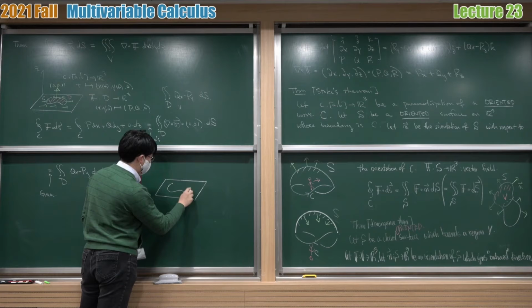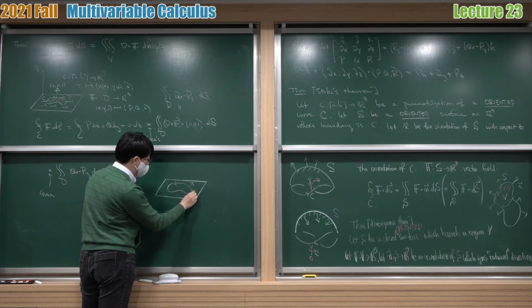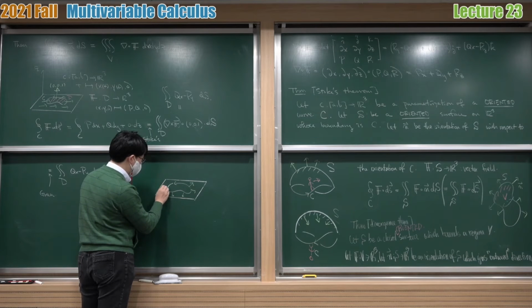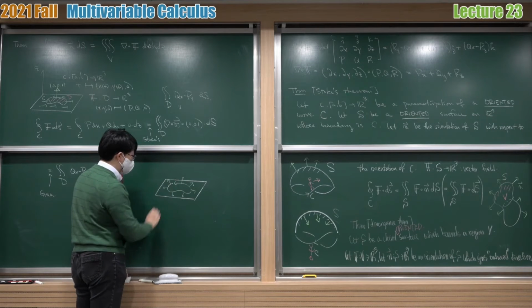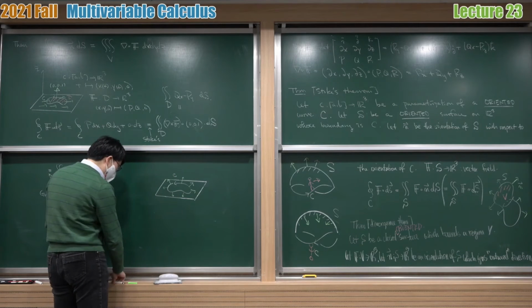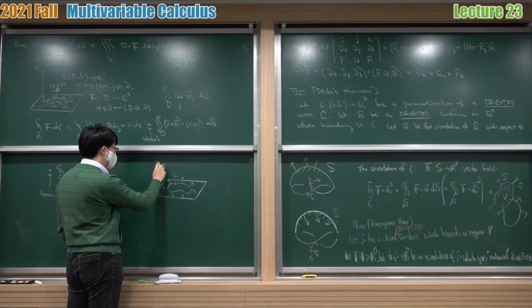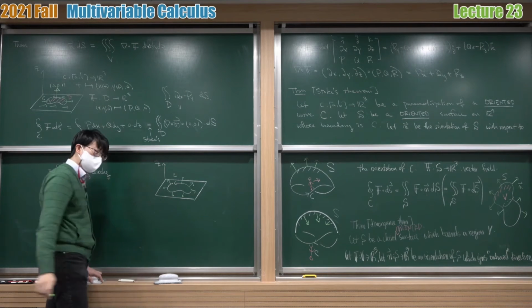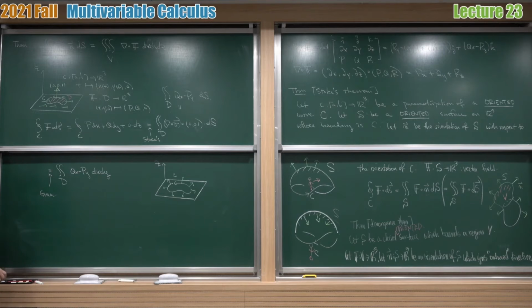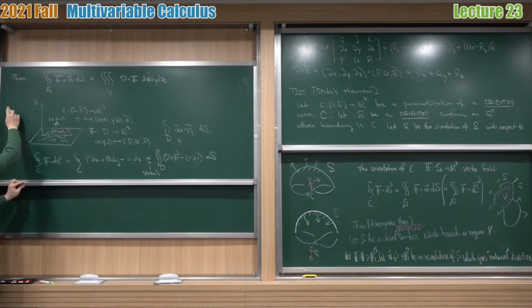So we had a curve C. And in the two-dimensional divergence theorem, we want to find the flux that goes outward of this curve C. But we can think about this as an xy plane which has an additional z-axis. So that's the end of the theorem statement.